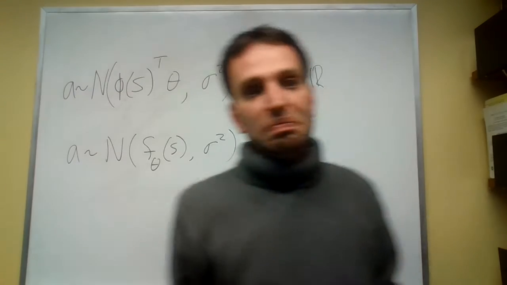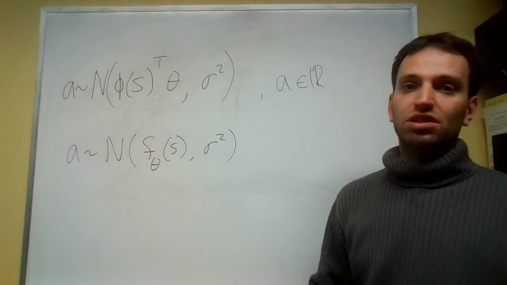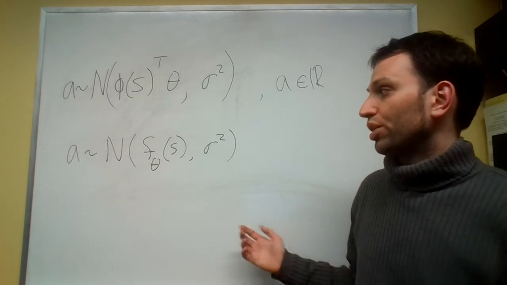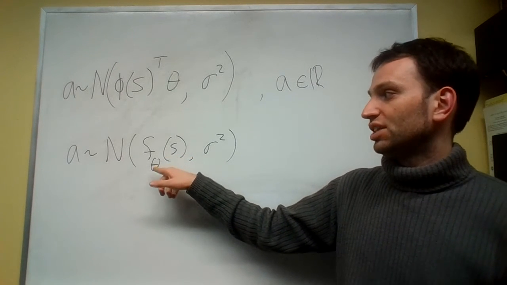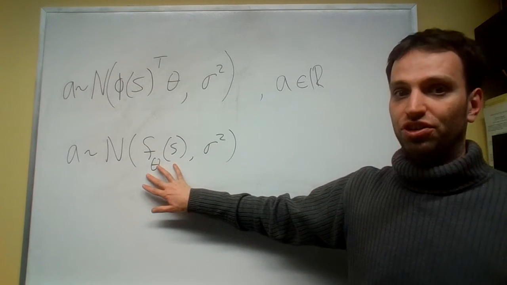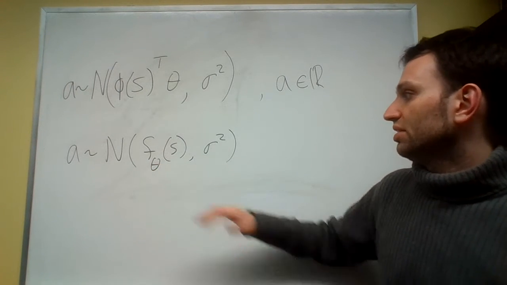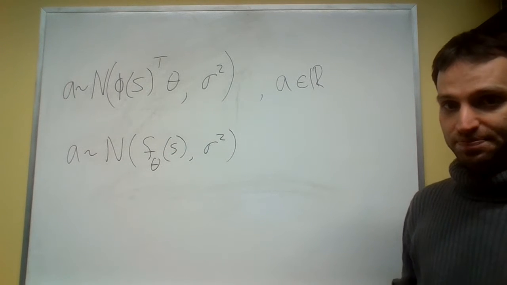So that's just making things a little bit more general. f is going to be, for example, some kind of neural network that takes in as input the state S and is parameterized by the weights theta, and it produces a mean for the action. So that's going to be a generalization of the Gaussian policy.